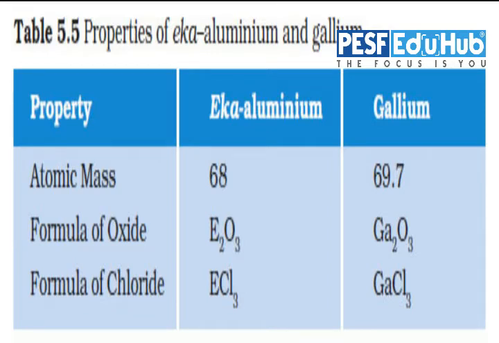Look at the table given here, and from that you can examine the atomic masses predicted by Mendeleev for eka aluminium, and the atomic mass of the later discovered gallium. In the same way, eka silicon and germanium, you can find out that they were almost the same.